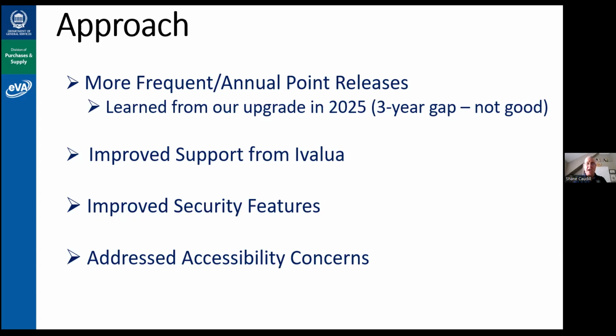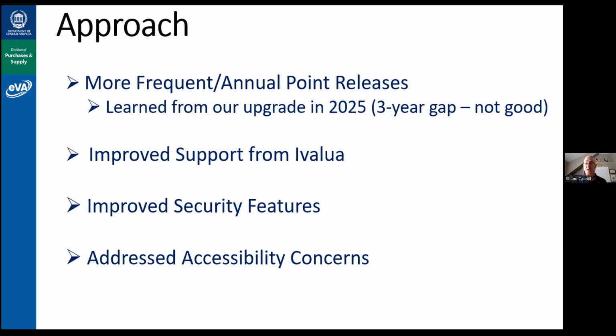And then we also had some accessibility concerns for our blind and visually impaired user community. There were some fixes and some improvements that should have been made to those areas. And we are very lucky that we have partnered with DARS and DBVI to do a little testing with that user community.